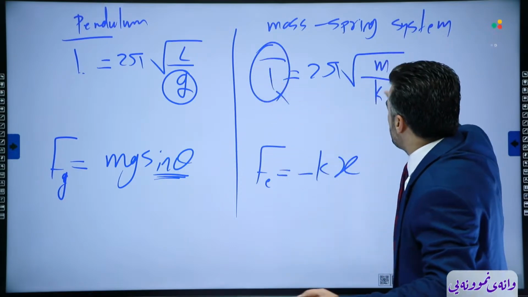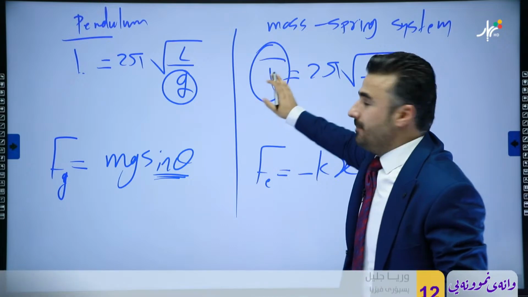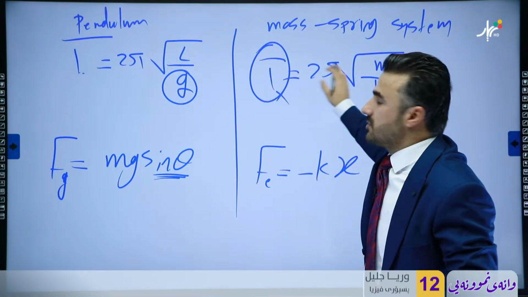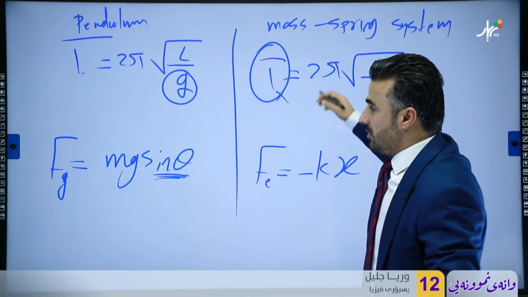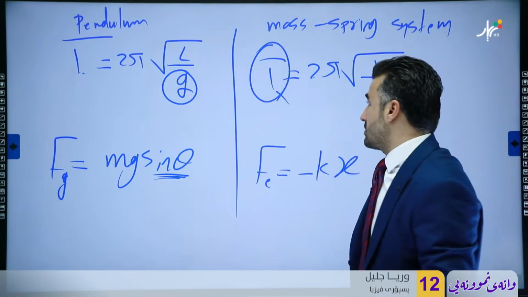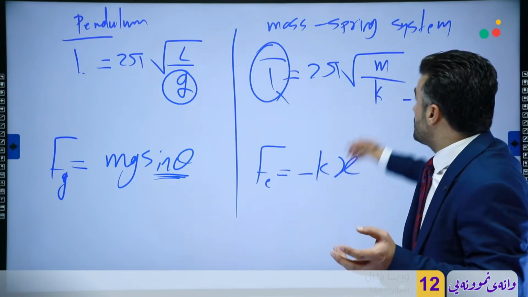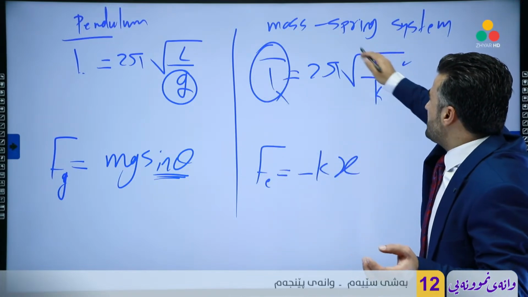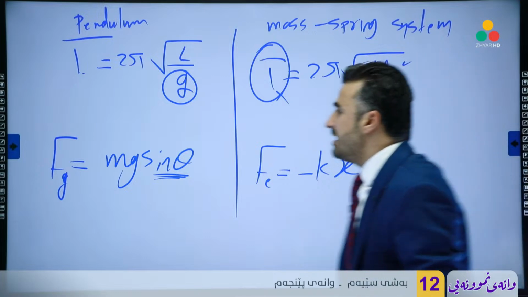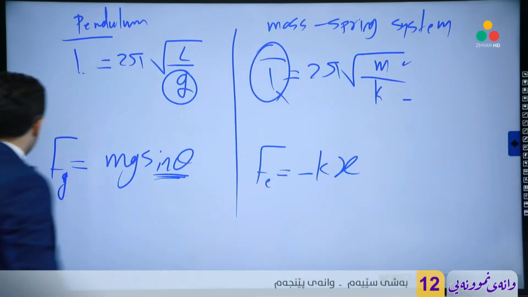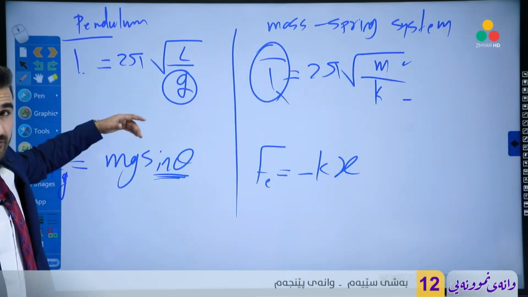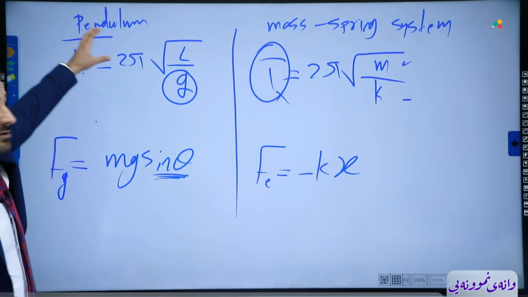Why? Because there is no gravitational acceleration in the equation. But remember, for this to be true, the mass spring system has to have the same mass and the same spring as well.